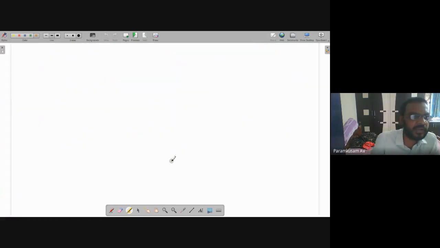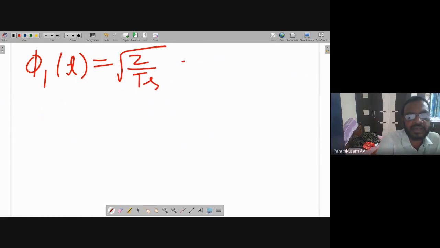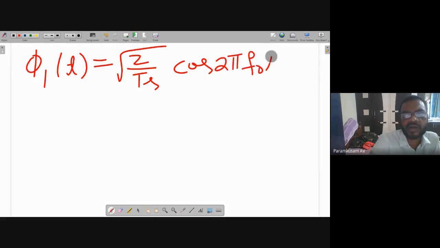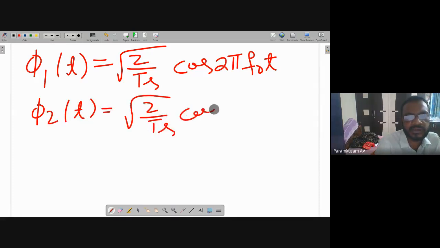What did I ask you now? We defined 2 signals. φ1(t) is equal to root over 2 by Ts cos 2π f0 t, or cos ω0 t. And φ2(t) is equal to root over 2 by Ts, not cos, sin, no?